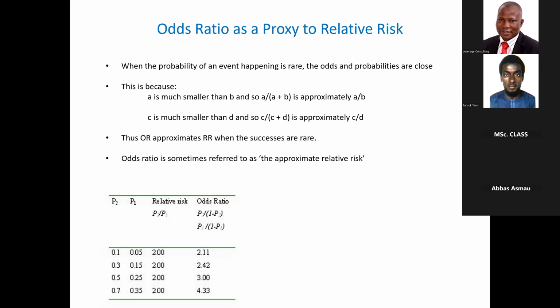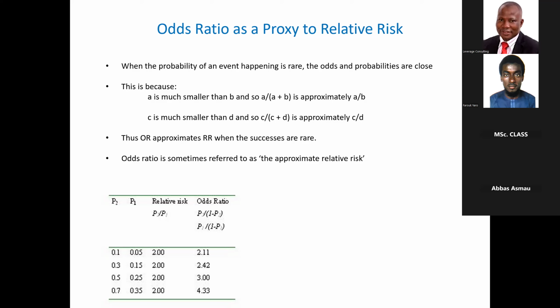You know, that is the A over B now. The first one you calculated will be the risk among the exposed. The second one is the risk among the non-exposed. If you now say relative risk is risk among the exposed over risk among non-exposed, making A over B divided by C over D, that would be A times D over B times C. That's the formula of odds ratio.